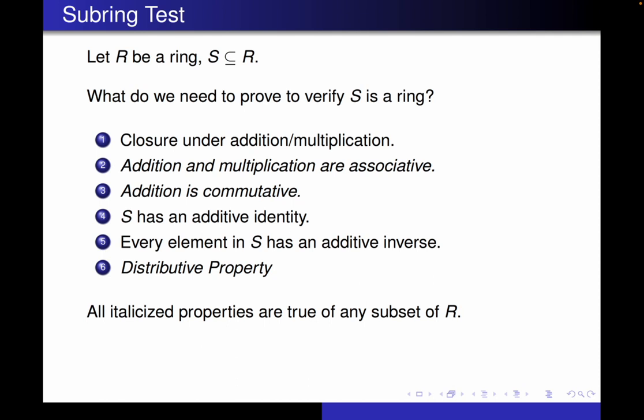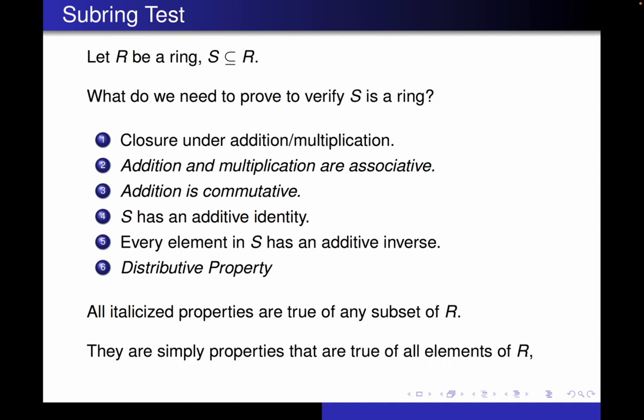However, you might have noticed that some of the properties are italicized. I didn't do that just to be fancy. All the italicized properties are going to be true regardless of what the subset S is. Right? So what does that mean? Well, let's think about addition and multiplication being associative. Whatever the subset S is, addition and multiplication are going to be associative on that subset S. Addition is going to be commutative no matter what the subset S is.